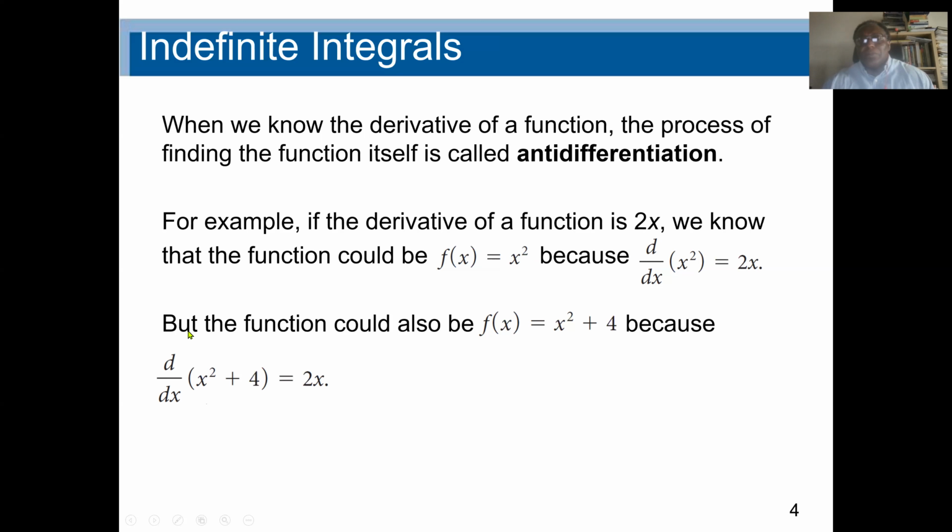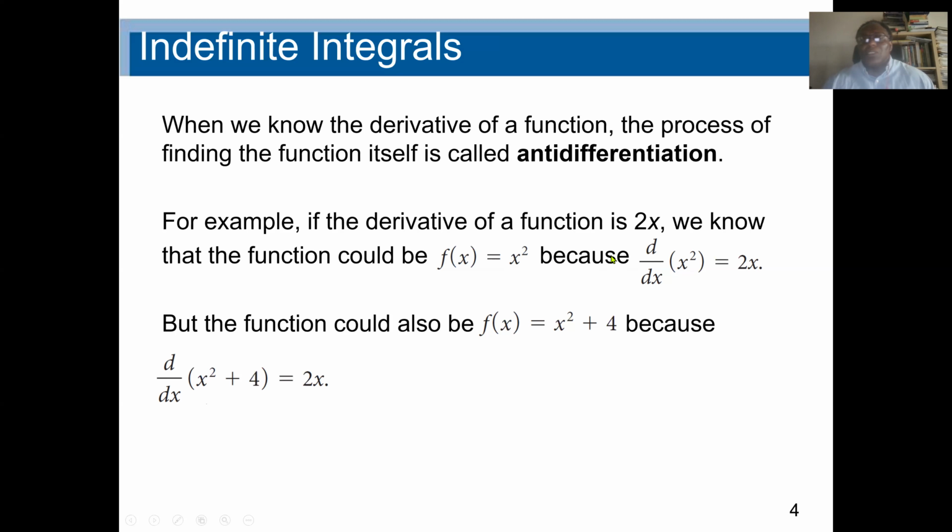Now, the function could also be f of x equal to x squared plus 4. We can see the trick here. If the derivative of a function is 2x, the original function can be x squared plus any constant value, because we know the derivative of a constant value is 0.